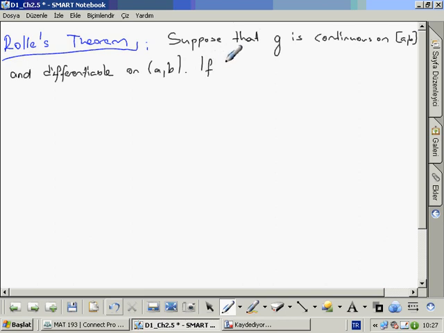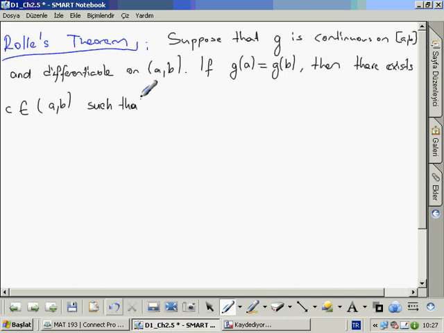If g of a equals g of b, then there exists c element of a comma b such that g prime of c equals 0.